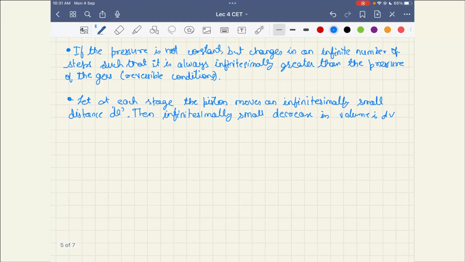dV, right? And given by dV is equal to nothing but the change in cross sectional area multiplied by change in length.